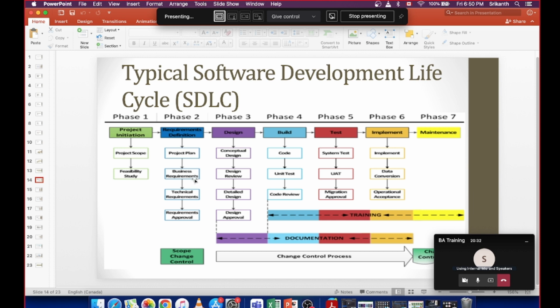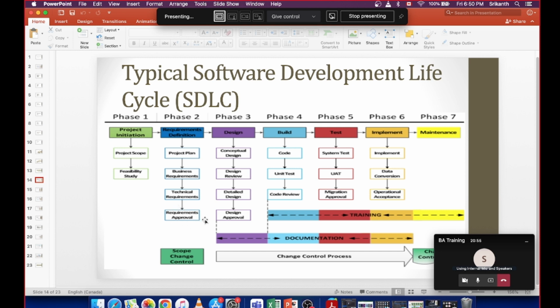Sometimes if you are a BSA and possess technical knowledge, you will be writing the technical requirements also. Sometimes they are called system requirements as well. So business requirements, functional requirements, system requirements, and then go to the requirement approval, which is called sign off.